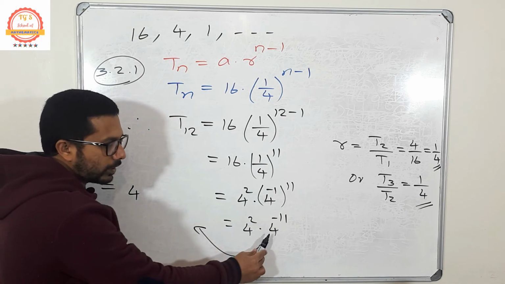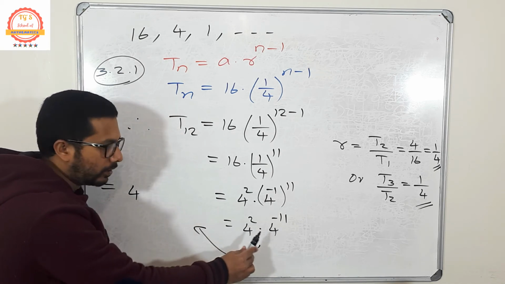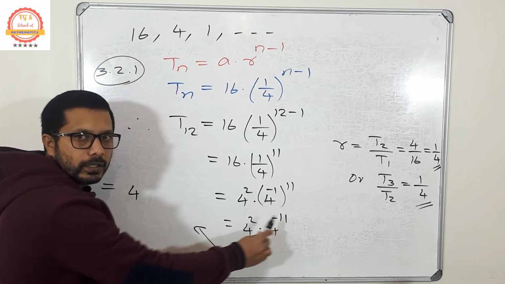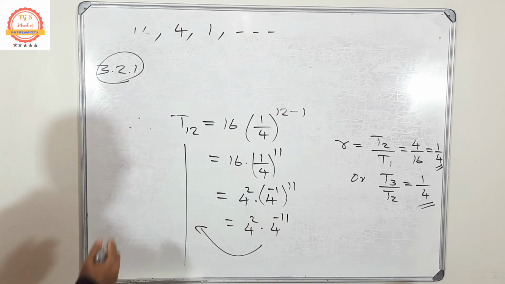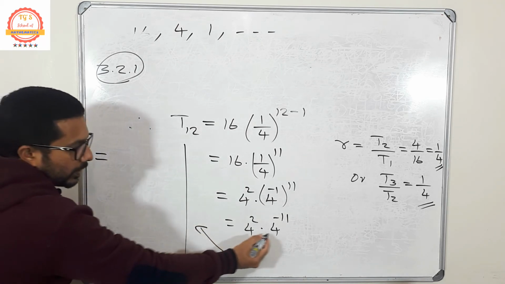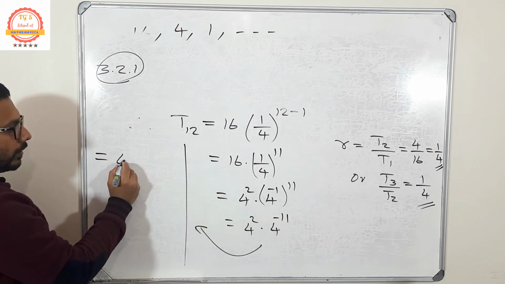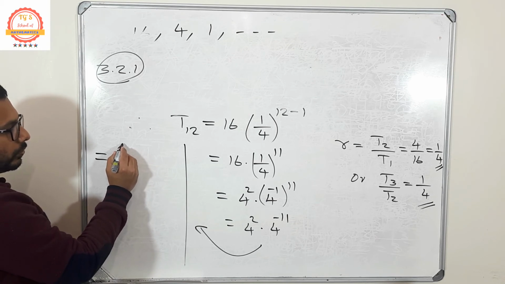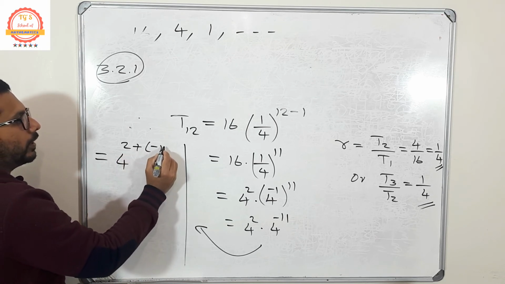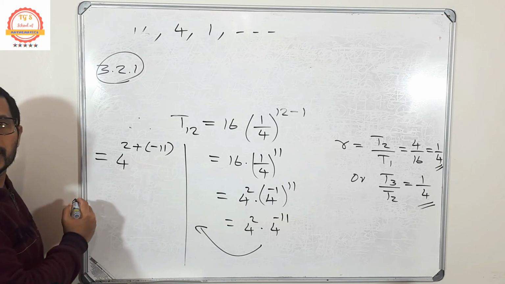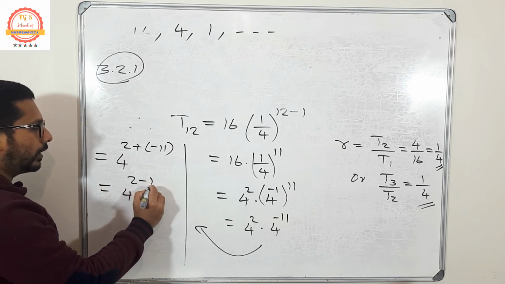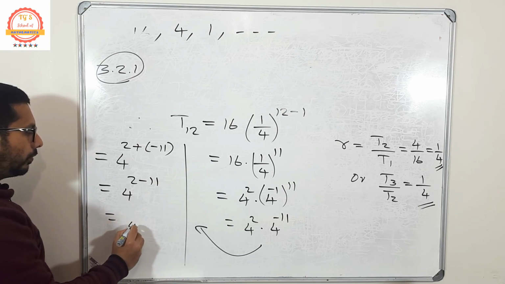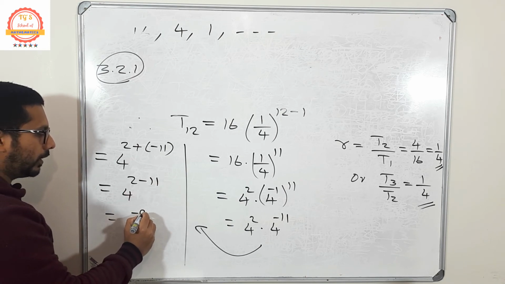Here the bases are the same, and it is multiplication, so you have to add the exponents. So it is 4 raised to 2 plus minus 11. Plus into minus is minus. So it is 4 raised to 2 minus 11, and 4 raised to 2 minus 11 is 4 raised to minus 9.